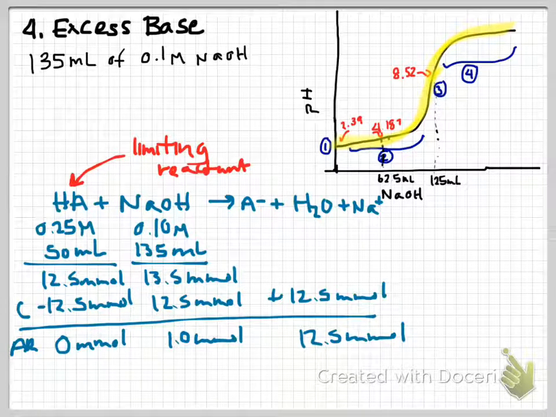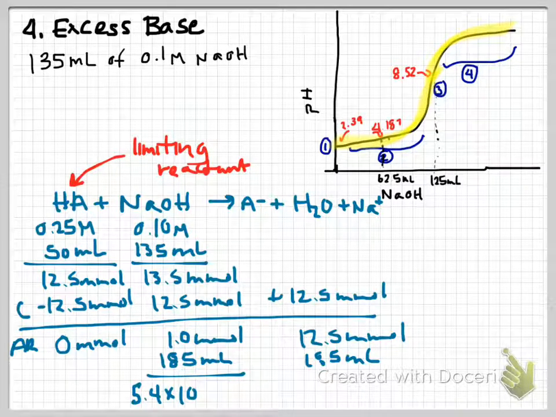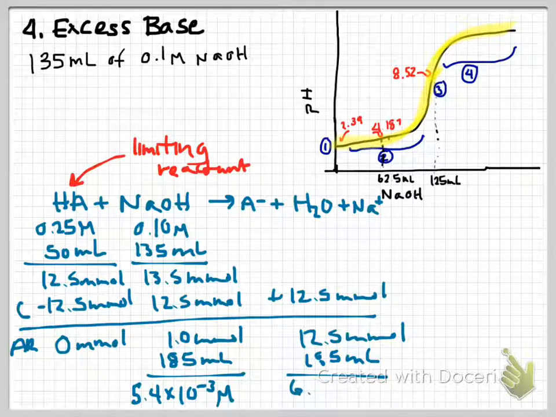I can convert this back to concentration, with 185 mils total. So I have 5.4 times 10 to the minus 3 molar strong base, and I have 6.75 times 10 to the minus 2 molar of my weak base.